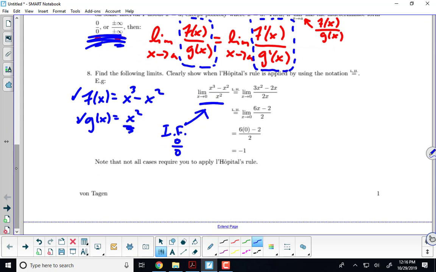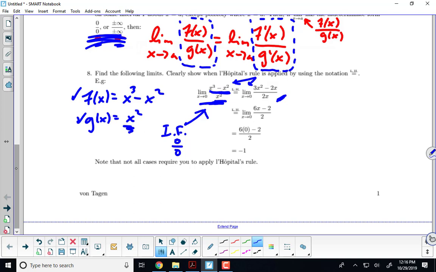Okay, so here I'm taking the limit of the ratio of these two functions, and notice what I did from this line to this line. L'Hopital's rule says evaluating the limit with this indeterminate form is the same as evaluating the limit of this quotient here, where I've taken the derivative of the numerator and the derivative of the denominator.